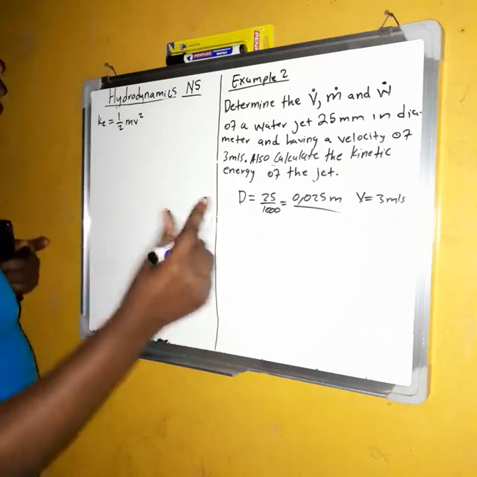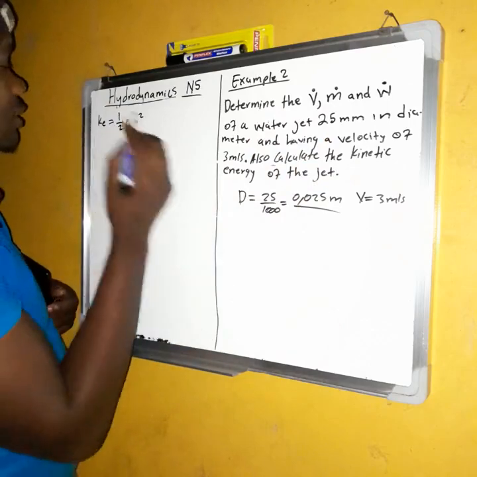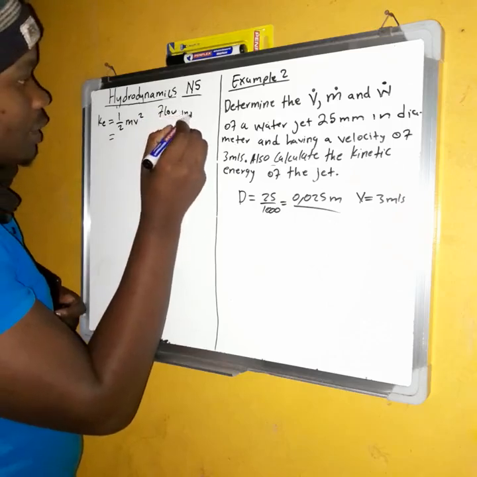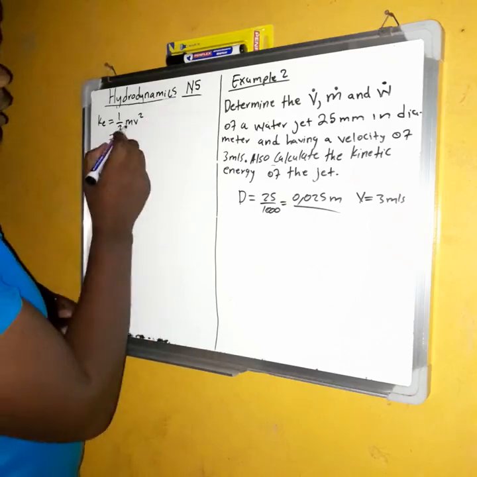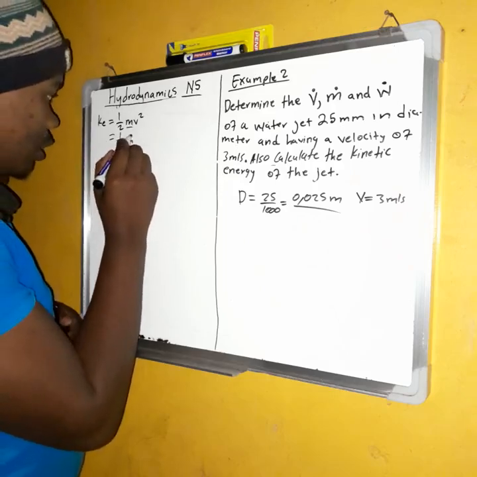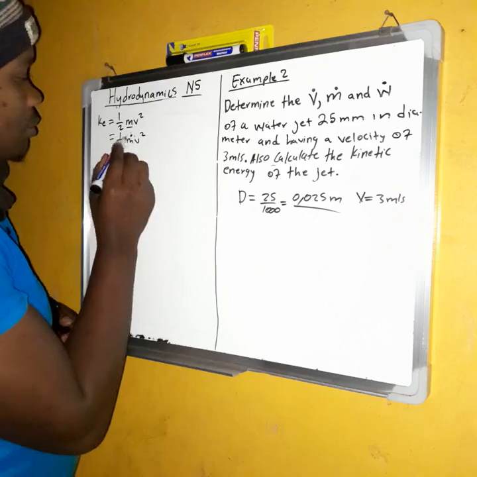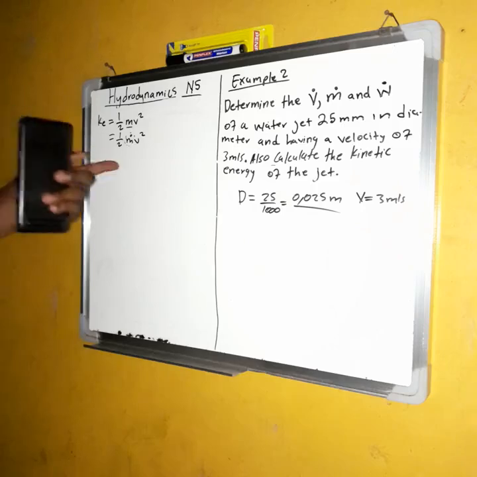But now, if we're dealing with hydrodynamics, it's a flow in pipes. So since this is a flow in pipes, the m must have a dot, it must be mass flow, because we're dealing with a flow.